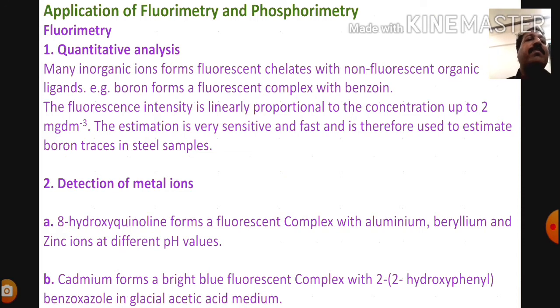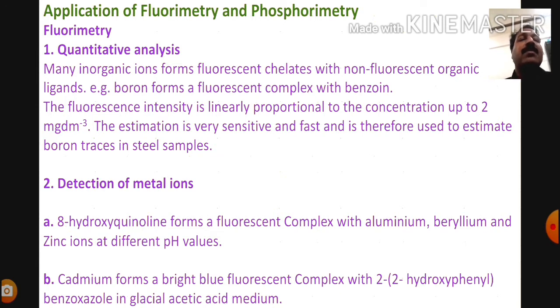Applications of fluorimetry and phosphorimetry. Now let us first see the applications of fluorimetry. Fluorimetry has a large number of applications. The first application is quantitative analysis. Many inorganic ions form fluorescent chelates with non-fluorescent organic ligands.